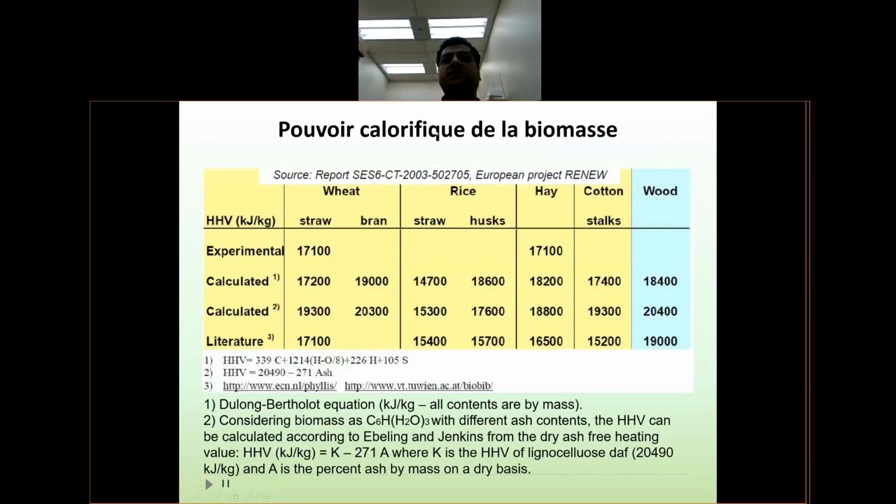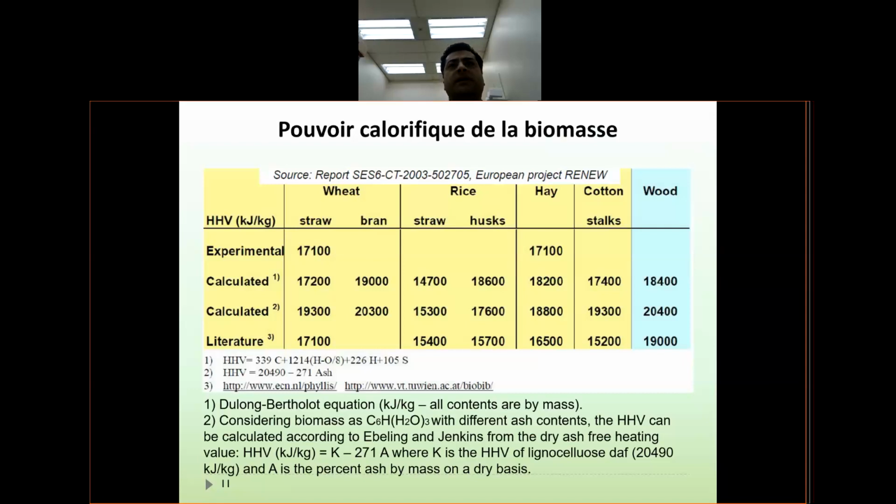Why is it important? Because as we said many times from the beginning of the class, one of the main reasons to use biomass is to produce energy products. Energy. So it is important to consider biomass and its heating values.